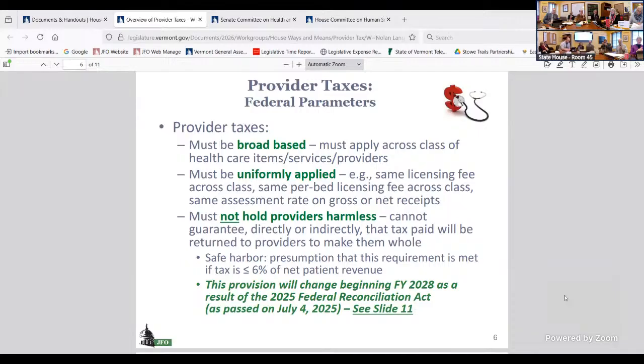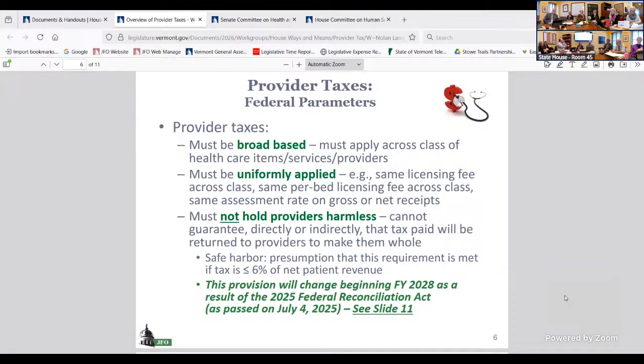There is a presumption under existing law, or previous law, that this requirement is met if we don't tax at more than 6% of net patient revenue. So if you have a tax that's higher than that, the feds reserve the right to poke around and make you prove that you have not held anybody harmless.